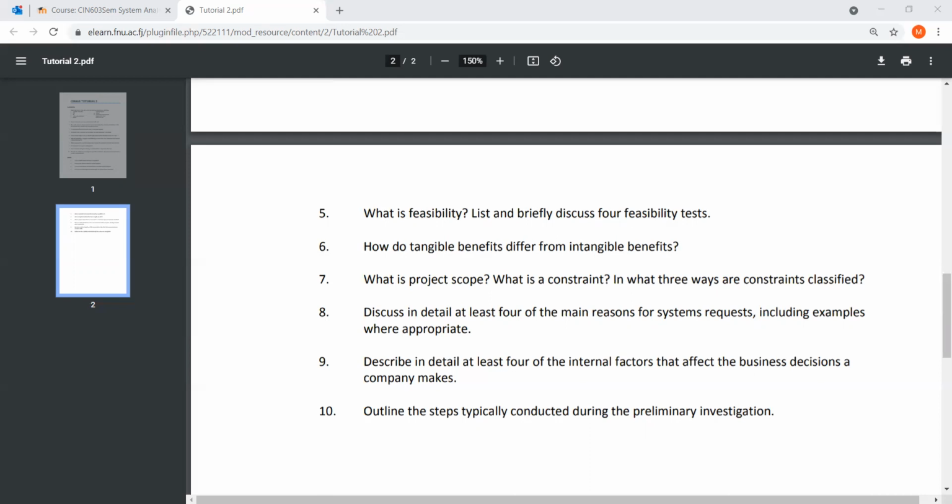Feasibility analysis is used to determine the viability of an idea.